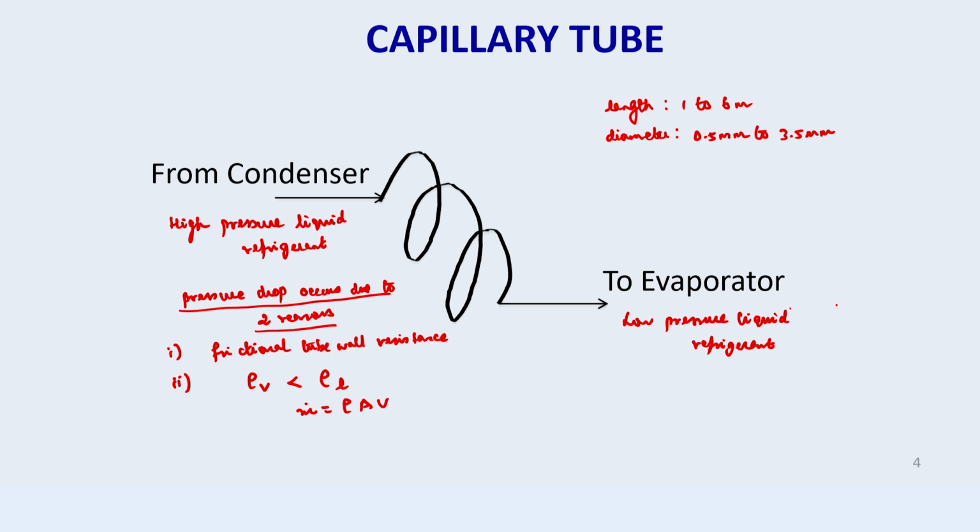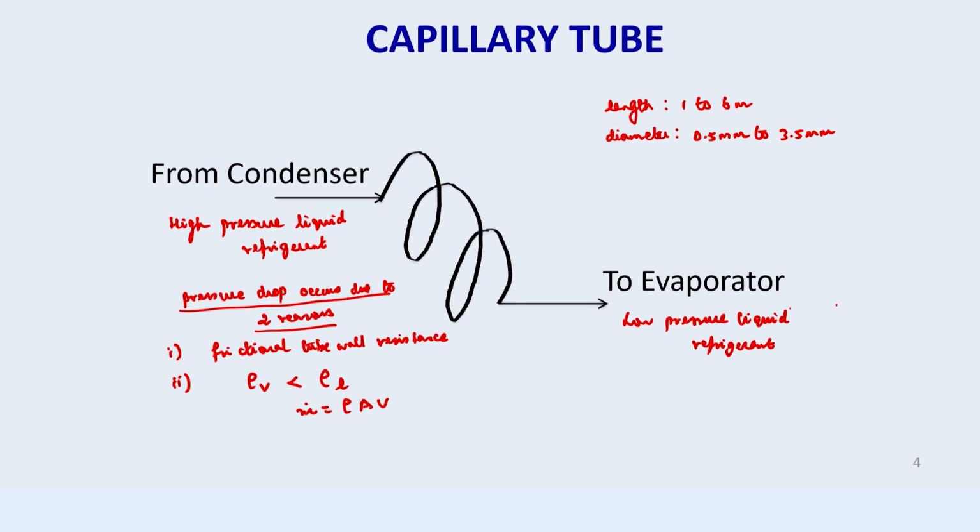The diameter of the tube is constant, so the area will remain the same. So m dot is constant and A is constant. The average density of the vapor-liquid mixture will be less, due to which the velocity, that is the acceleration of the working fluid, will increase.